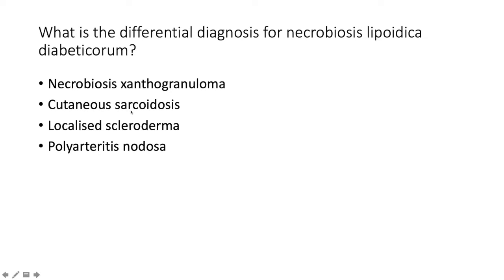Cutaneous sarcoidosis also mimics this, so watch out. Sometimes you may have erythema nodosum with diabetic dermopathy and arthritis in the setting of sarcoidosis, something called Löfgren syndrome. It could be localized scleroderma, which looks like this with skin thickening and fibrosis, and of course, polyarteritis nodosa.